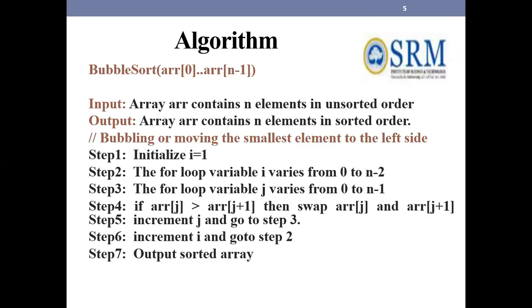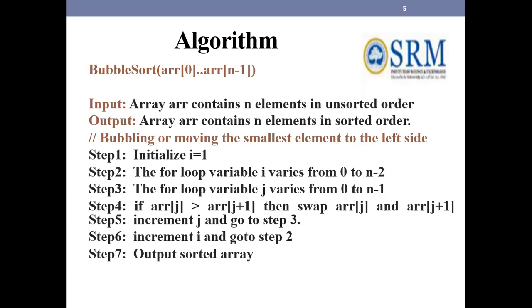And the algorithm. Bubble sort is the name of the algorithm. Input is ARR, the array name, with index from 0 to n minus 1. Totally n elements, but the index starts from 0, so 0 to n minus 1. So what is the input? An array containing n elements in unsorted order, that is the elements to be sorted.